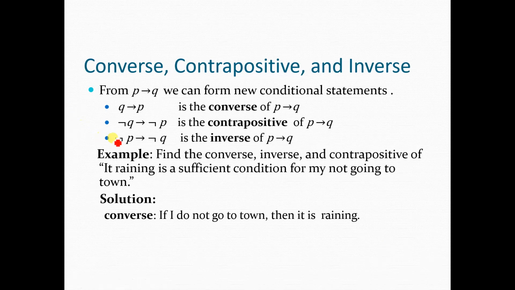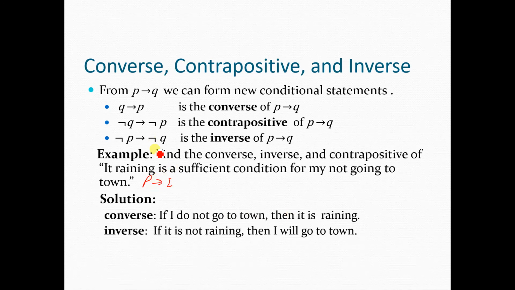We are just going to reverse the order. Inverse is negation P implies negation Q: if it is not raining, then I'll go to town. So we have negated both P and Q.